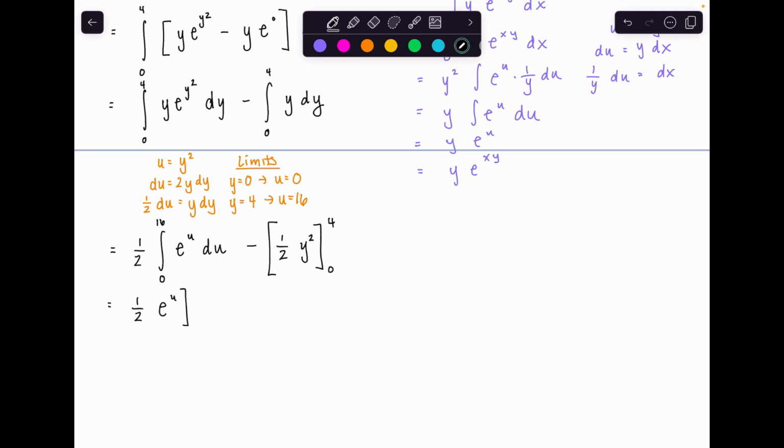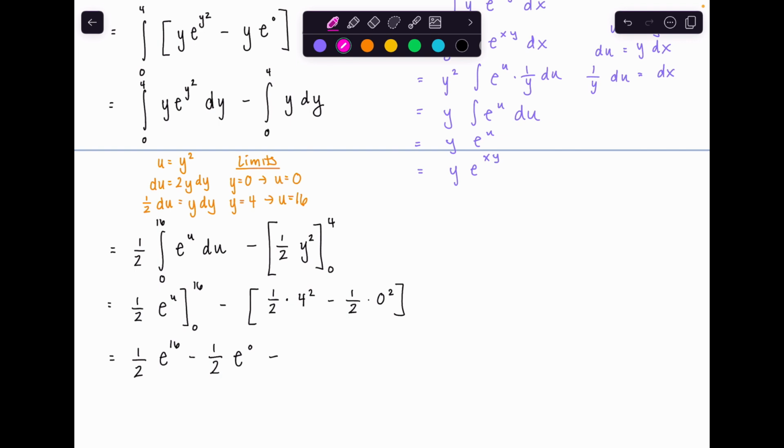It's e to the u, evaluated from 0 to 16. Then here, plugging in the upper bound, that's 1/2 times 4 squared minus 1/2 times 0 squared. On the front part now, this is 1/2 e to the 16th minus 1/2 e to the 0.